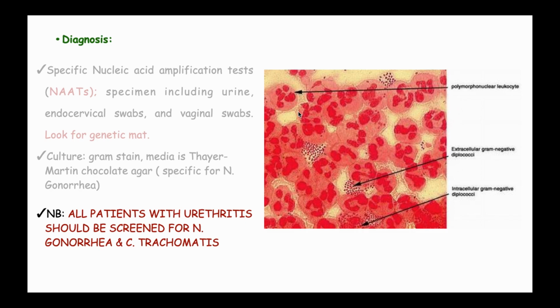Then we see the extracellular gram-negative diplococci, so you can see them over here as they've grouped. Then we also have the intracellular gram-negative diplococci over here. And so in an exam, when you are given this diagram, you should be able to identify that this is diplococci and specific for Neisseria gonorrhoeae.